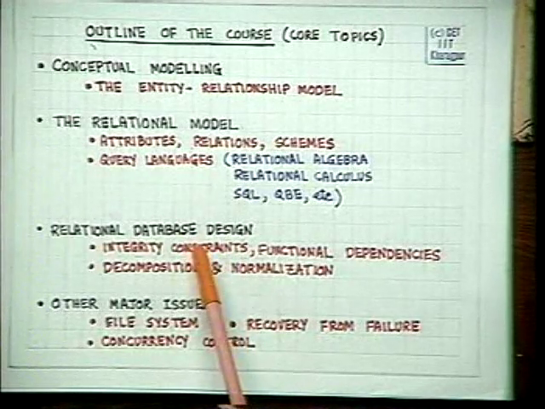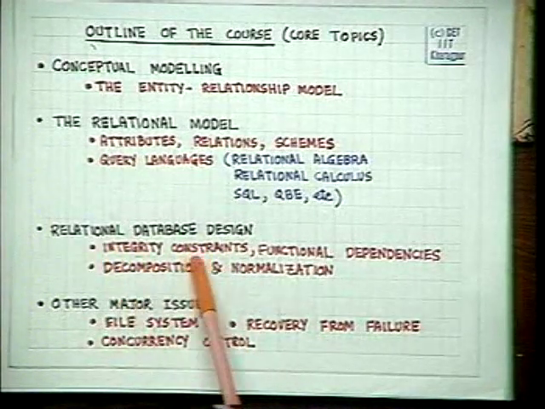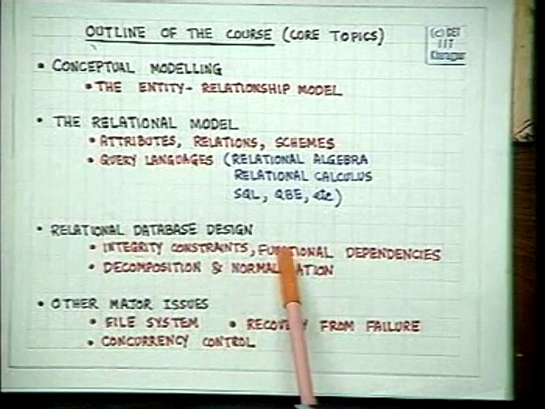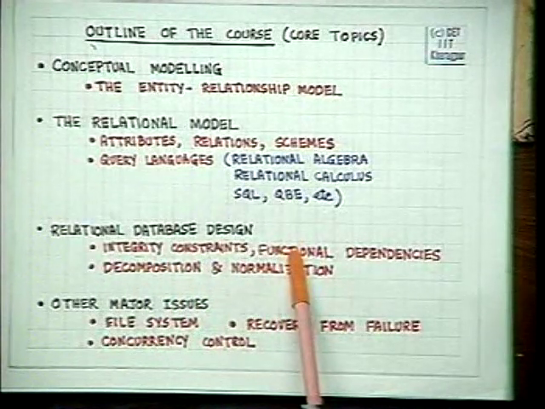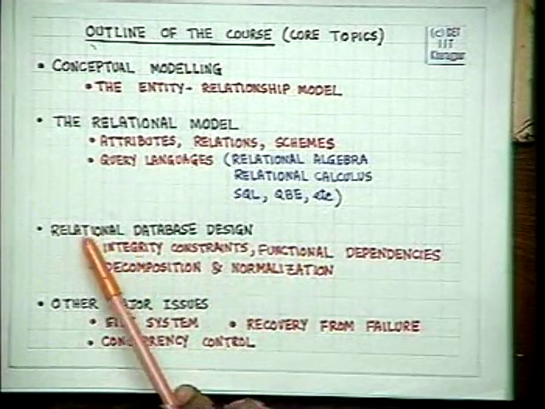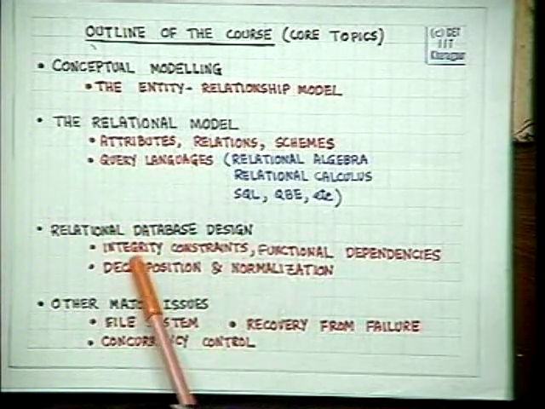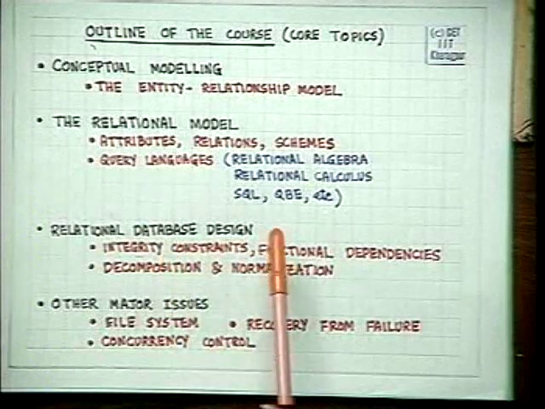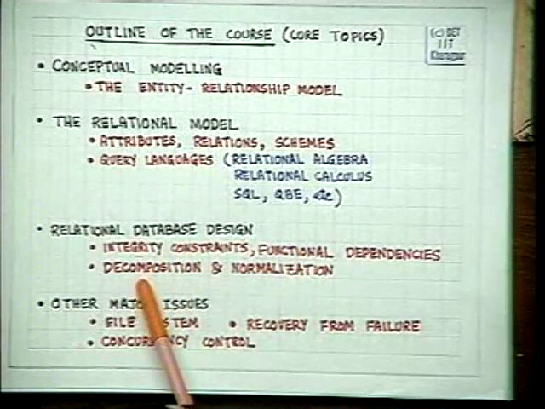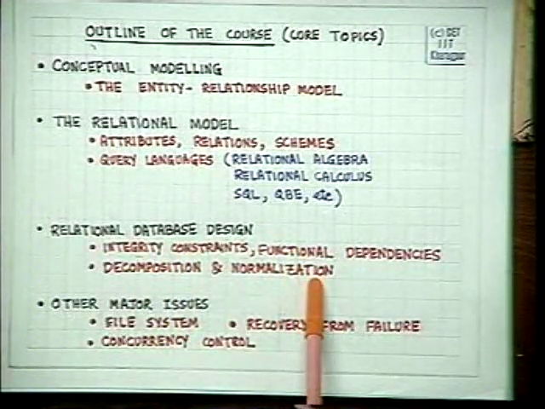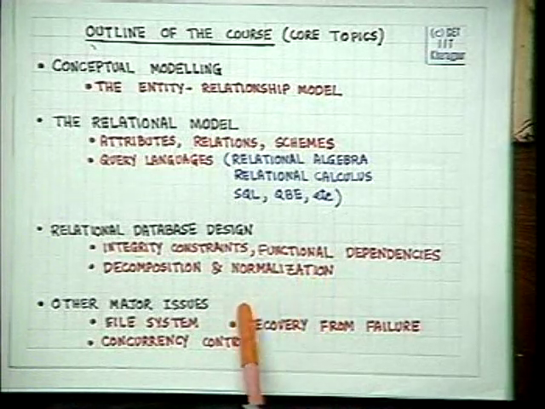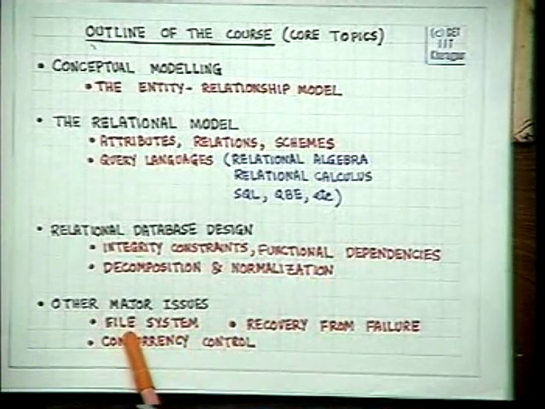How do you specify the design? Among them, we will have to specify the constraints, how we specify the constraints and use the constraints. So that will be the topic of relational database design theory, of which the topics will be integrity constraints, functional dependencies, decomposition, and normalization.